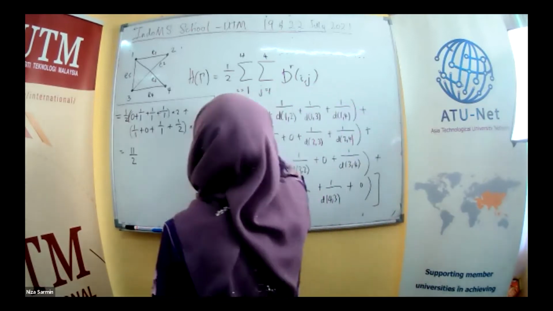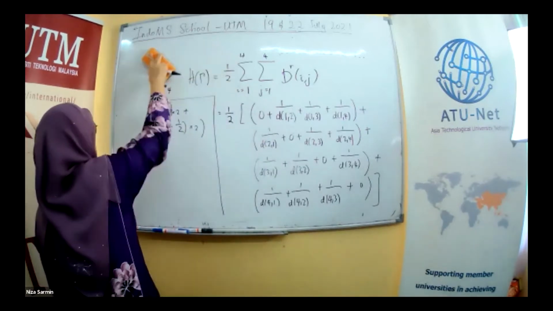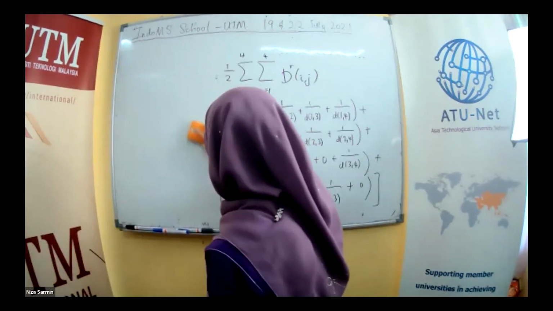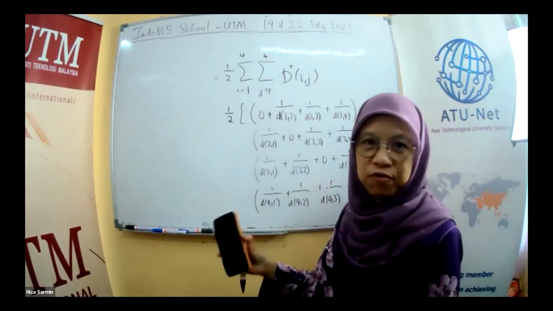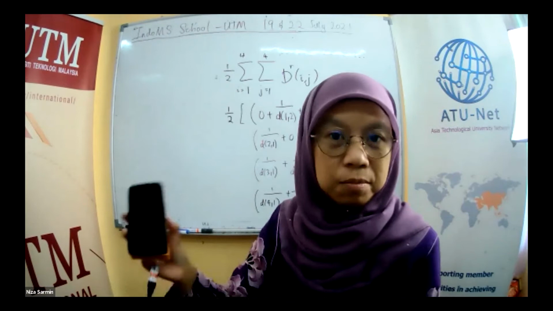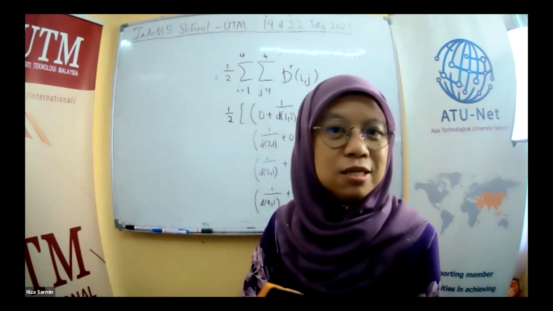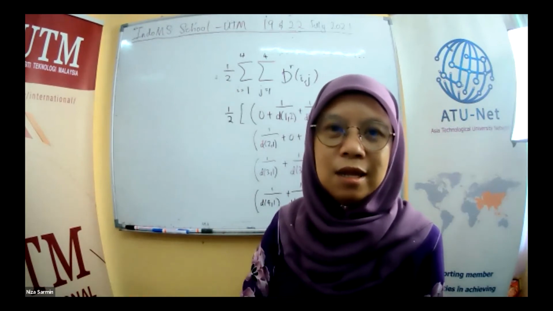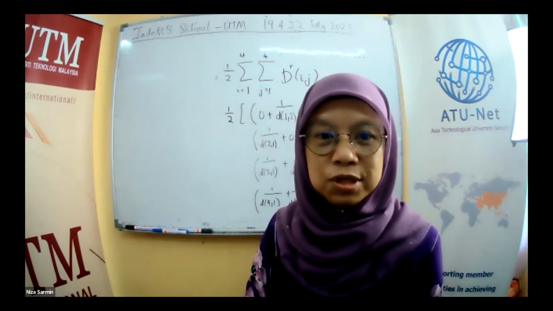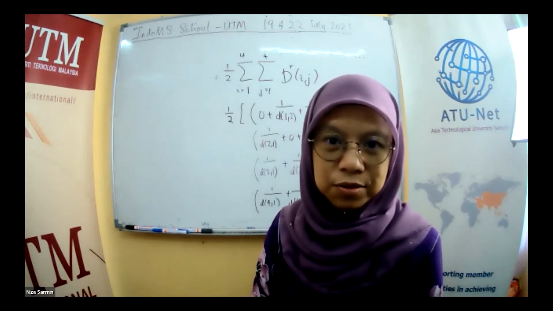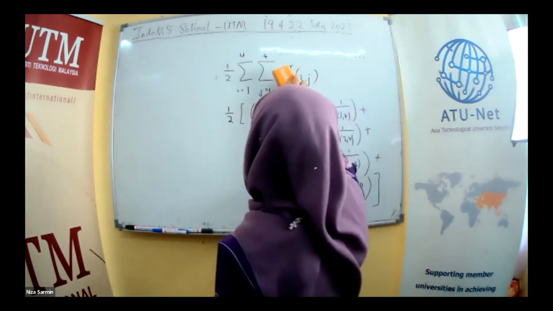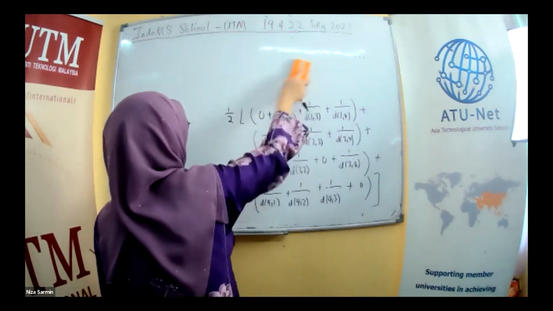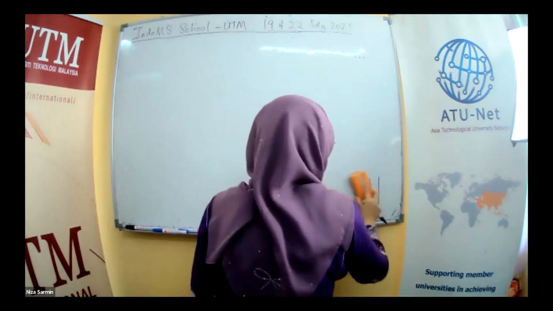All right, let me write down, and you can see it contains some kind of fractions. From before you see they're all just distances, the number of degrees, which are all integers. Now, because it's the reciprocal, kebalikan, that's why you see some fractions in this one.